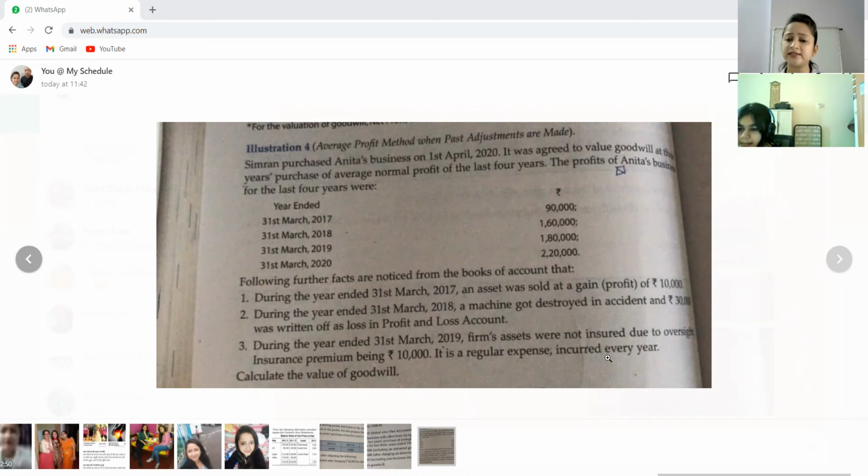So deduct 10,000 from 2019 as well as from 2020. So 2020 profit will be 2,20,000 minus 10,000. Now find the average profit by adding all the correct profits, divided by 4.